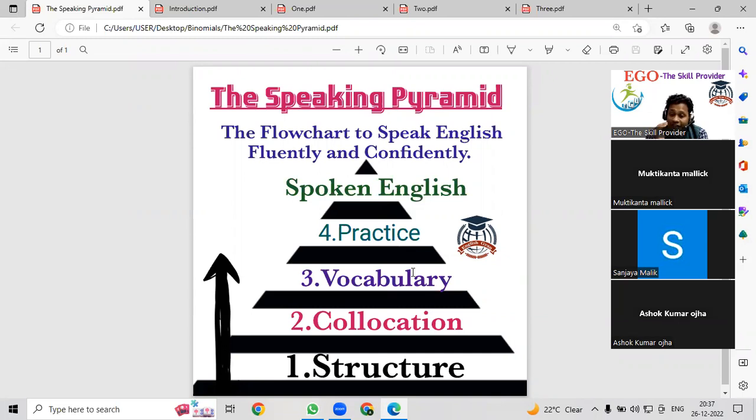That's the key differentiator between an advanced speaker and a normal speaker, or you can say a beginner. A beginner doesn't know a lot of vocabs, like binomials, idioms, single word substitutions. There are so many vocabs.